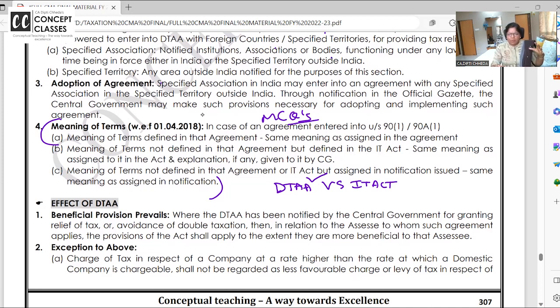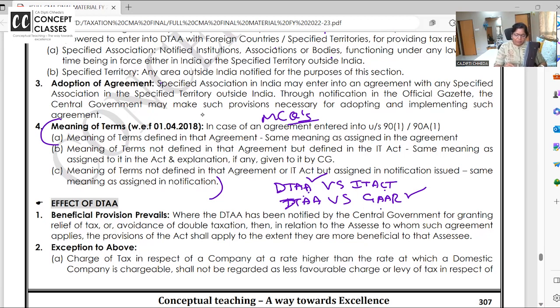Do you all understand? If the DTA agreement says something and the Act says something else, what will you follow? DTA. But if DTA says something and GAR says something else, which will also come later, then GAR. You all know what GAR is, the general anti-avoidance rule. Some transactions are not permissible indirectly; if some benefit is arising, they are not permissible. So DTA versus Income Tax Act, DTA. DTA versus GAR, GAR.